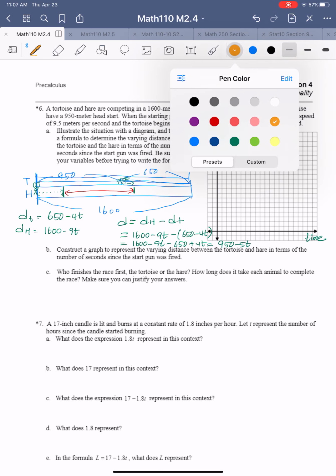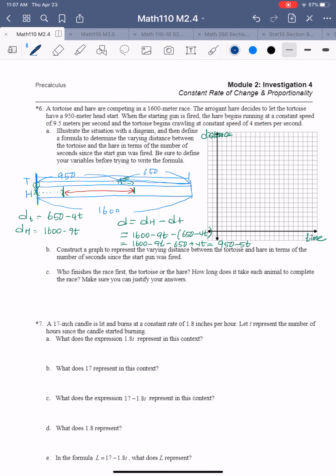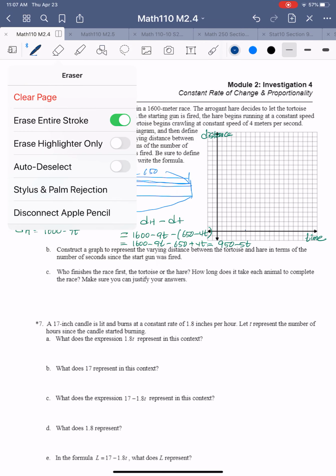So I'm going to use a different color. On the vertical axis, I want each one to be 20, 40. Let me think about which one is better.